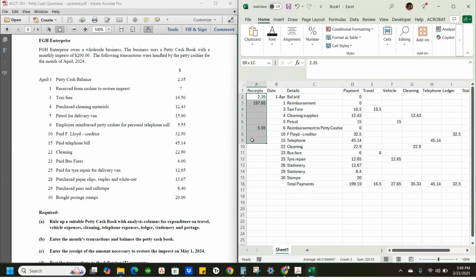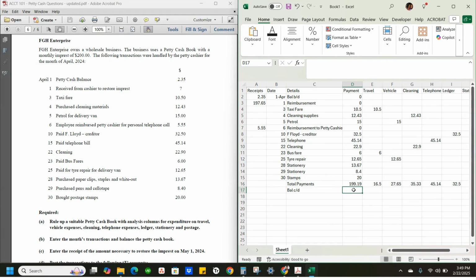So let's go over and see what the total is for our receipt side. So if we total everything over here, we get $205.55. So if total payments are $199.19 and receipts are $205.55, it means our balance carried down, our balancing figure, has to be on the payment side.